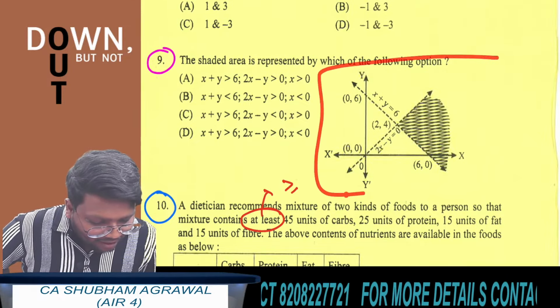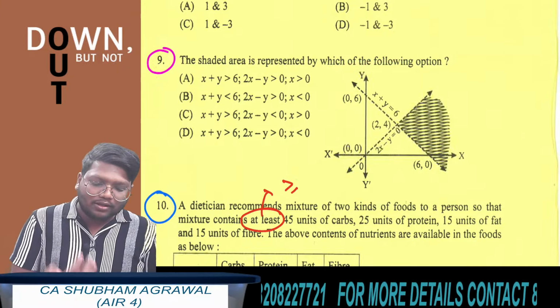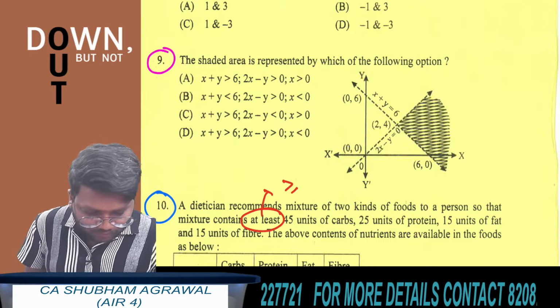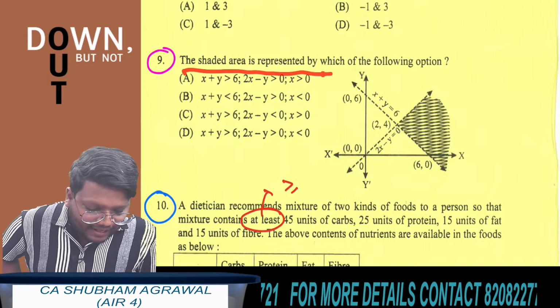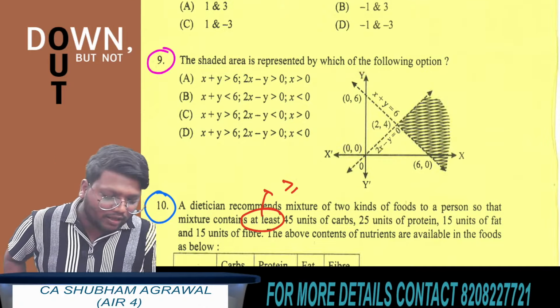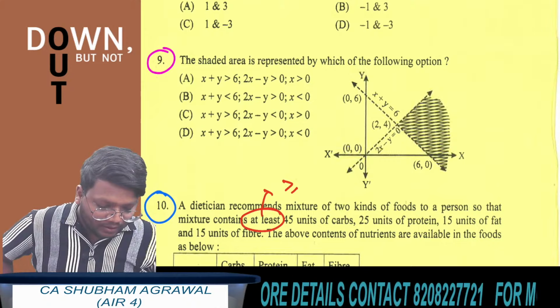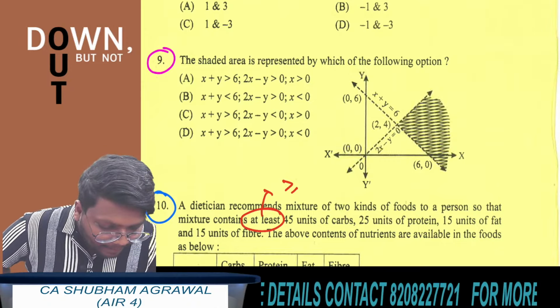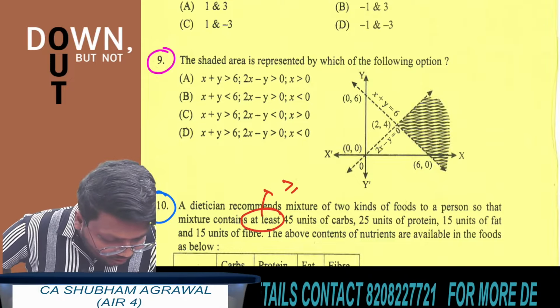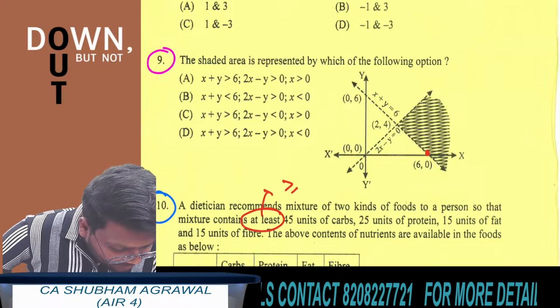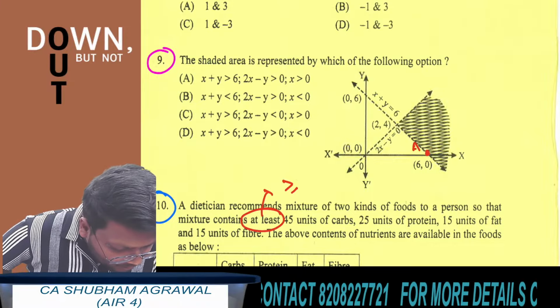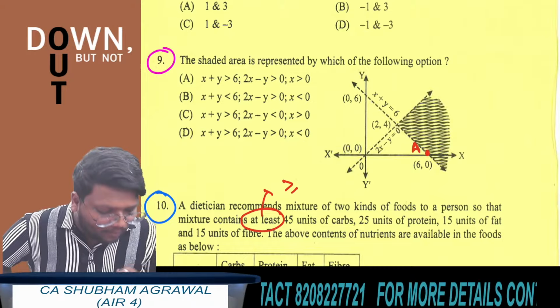Okay. Now, see how to solve this question number 9. If a graph is given, how do we solve this type of question? The shaded area is represented by which of the following options? I am giving you one shortcut here to get the answer for this type of question. You can see the coordinates of this point, let's say its name is A. The coordinates of this point A are 6, 0.